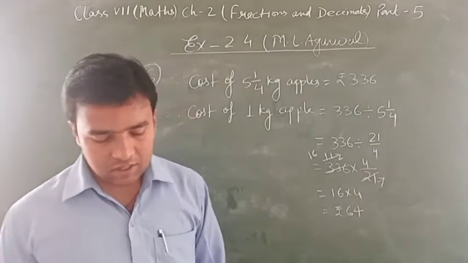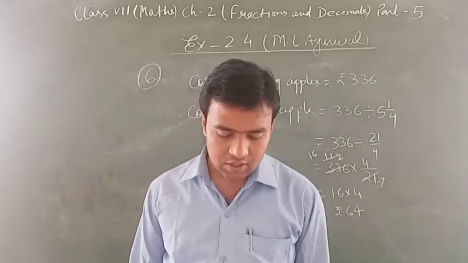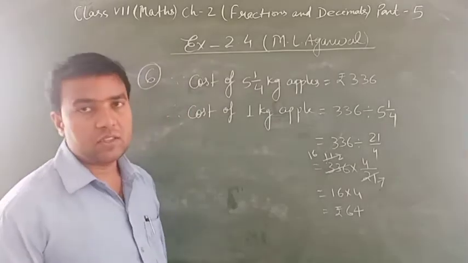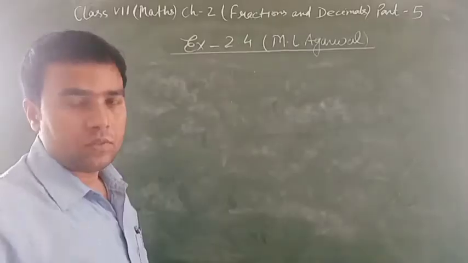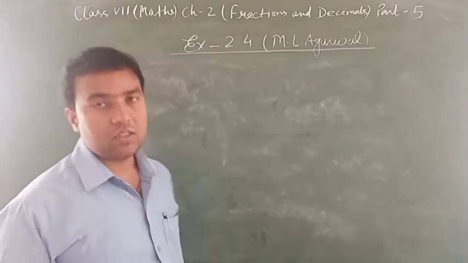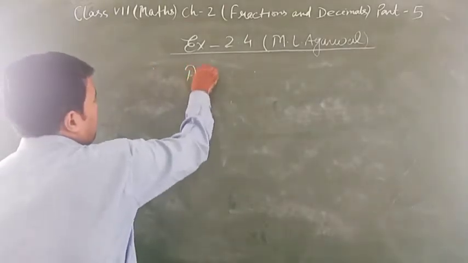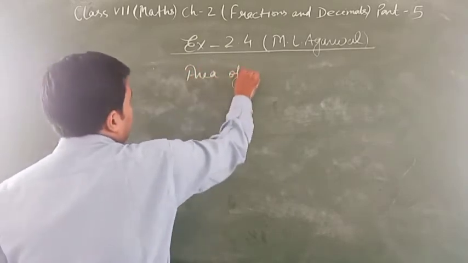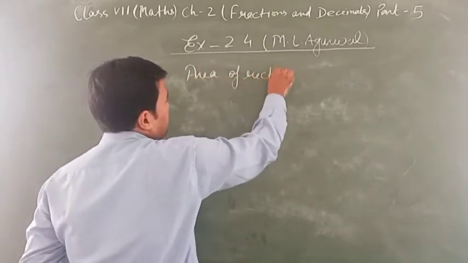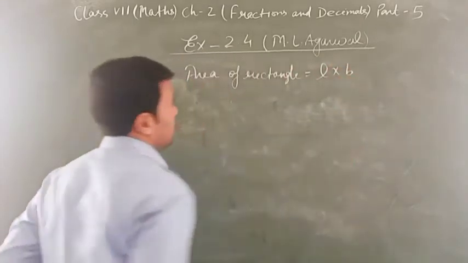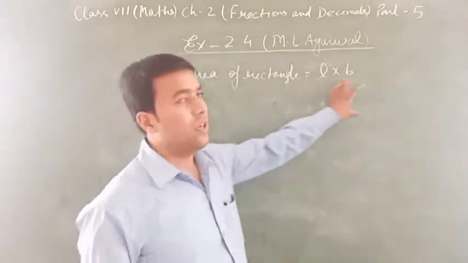And question number 7: length of a rectangular plot is given, area is given, width is asked. Note down this. In question number 7, first of all, I will tell you the formula. When area of rectangle is asked, you can write length into breadth.